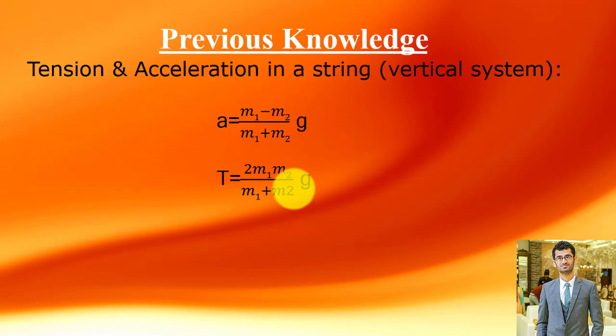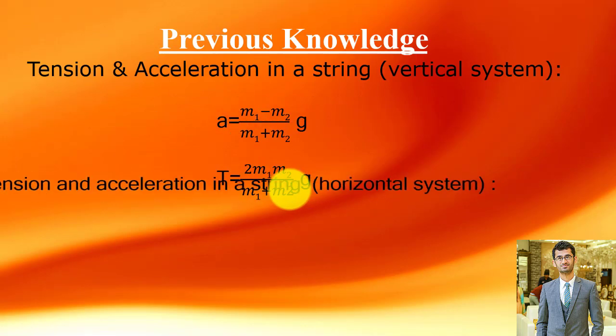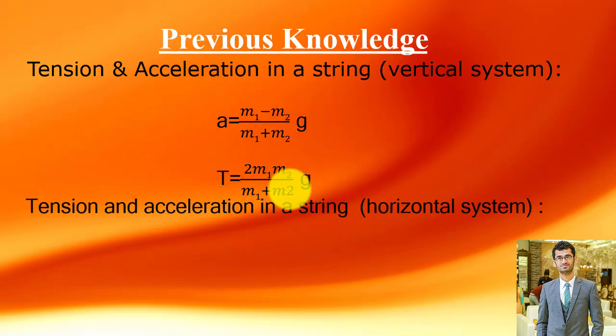Again, we have read in the topic where two masses are attached to the frictionless pulley when one mass is hanging vertically and the other mass is placed on the table. In that case, we can find the tension and acceleration in a string by the following formulae.